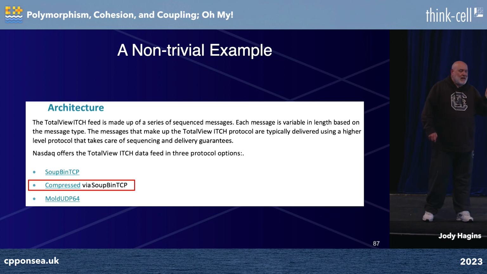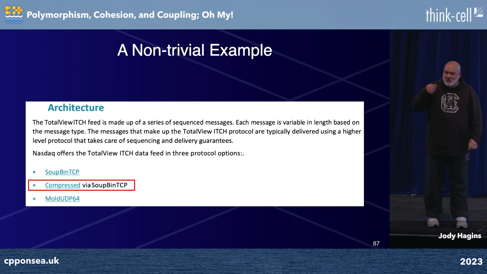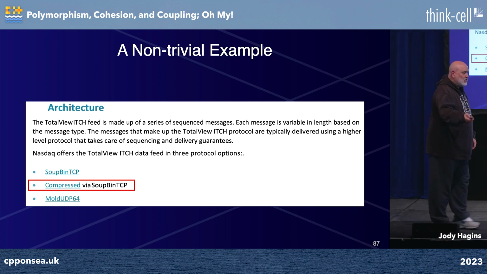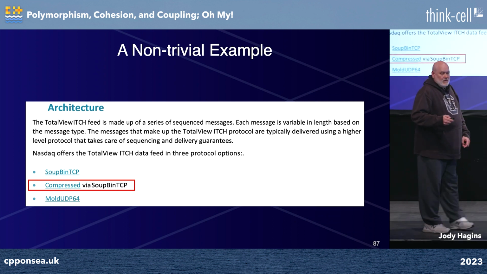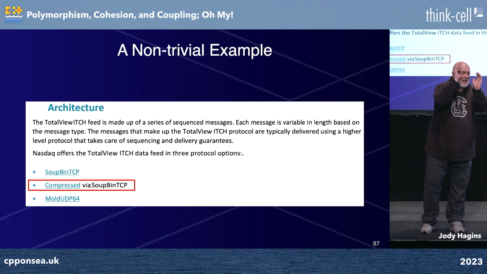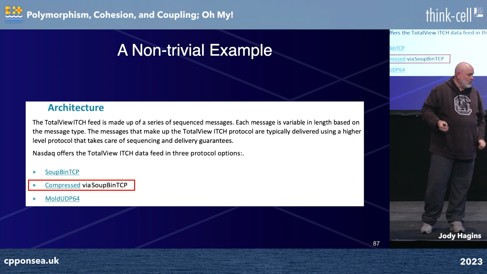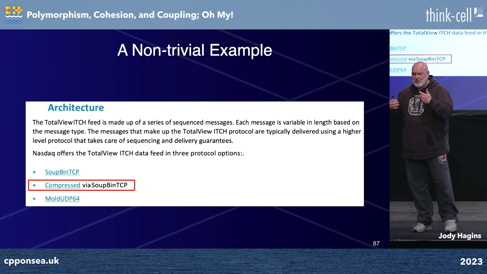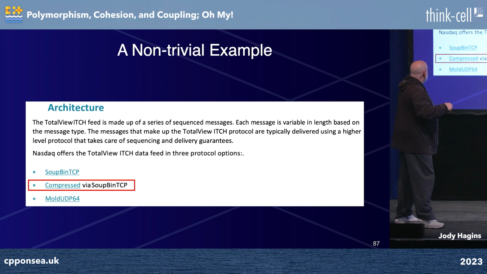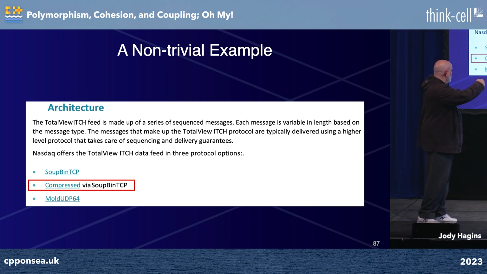SoupBinTCP is basically you connect a TCP connection to a server, and you issue some login, and you start receiving messages. You can tell them, hey, I want to start receiving messages at message 1 million or whatever. But then you just start receiving these application sequenced messages.